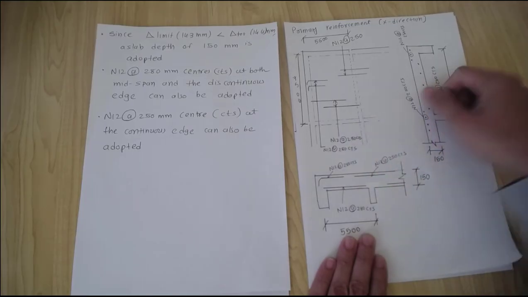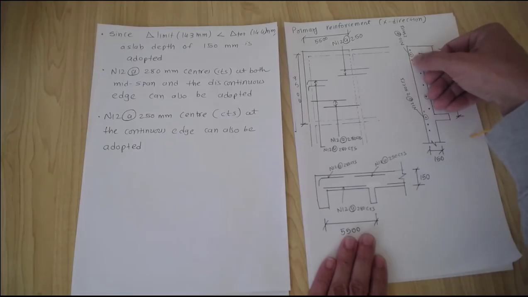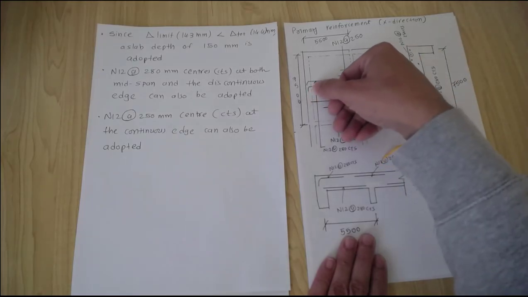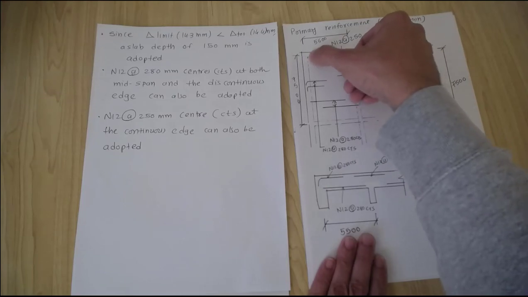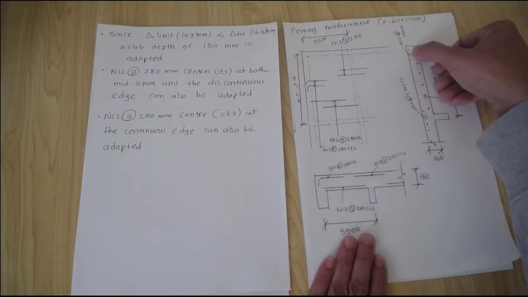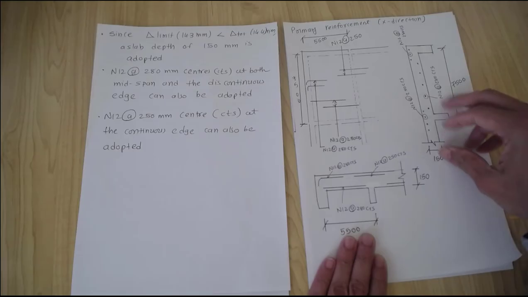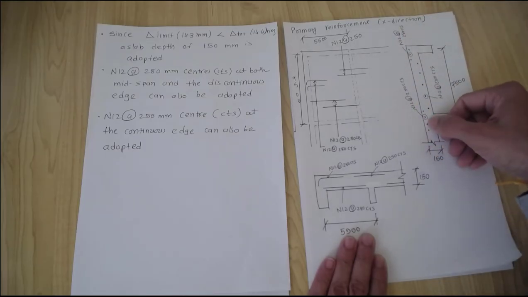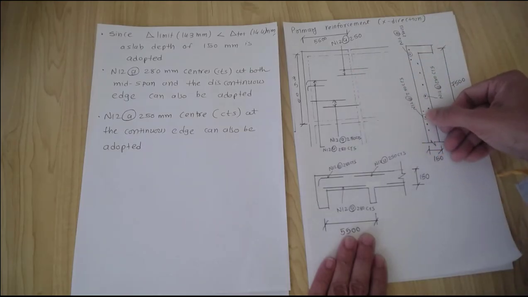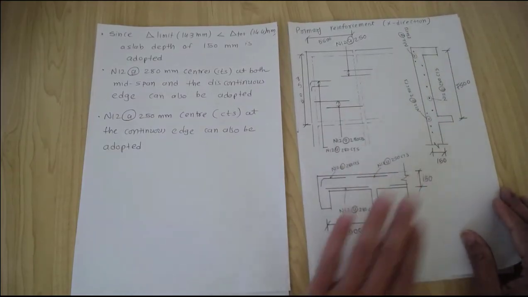Over the discontinuous edge, we have this discontinuous edge reinforcement shown here, which has a 280 center to center distance. And for the continuous edge shown here, you will have this reinforcement at 250 center to center distance. So this is the primary reinforcement.